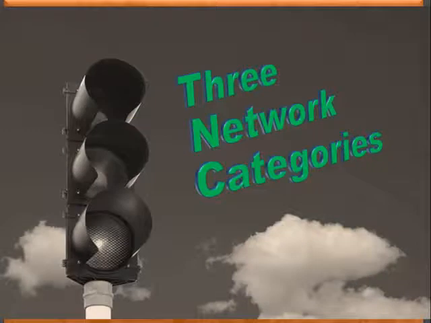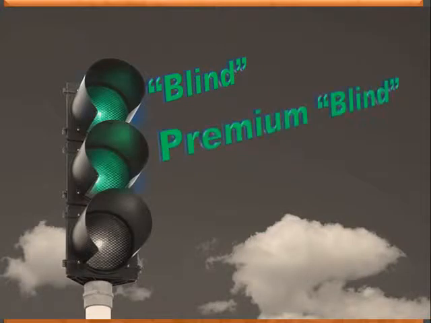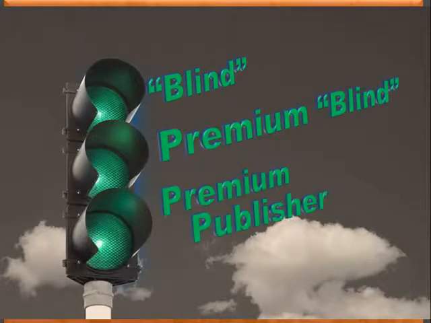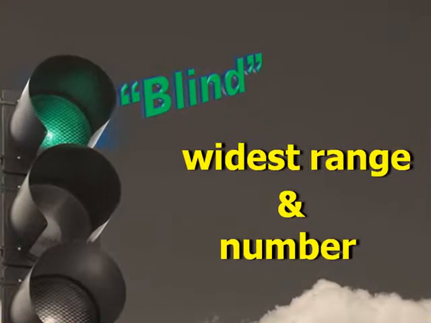For example, mobile advertising networks fall into 3 categories: blind networks, premium blind networks, and premium publishers. Blind networks cover a wide range and number of small independent publishers.